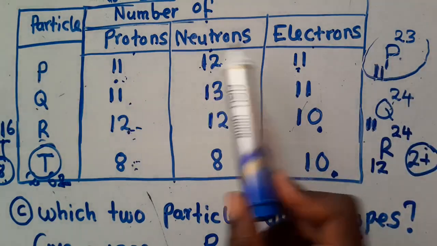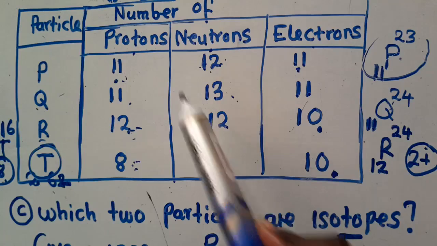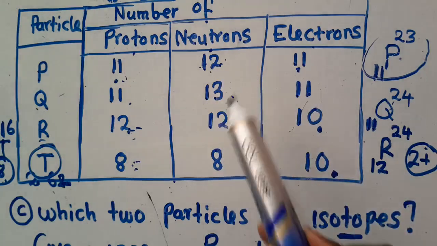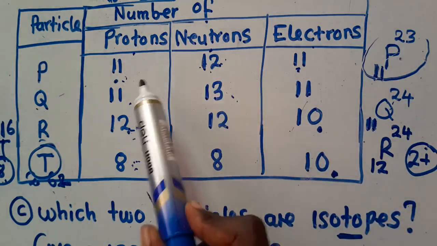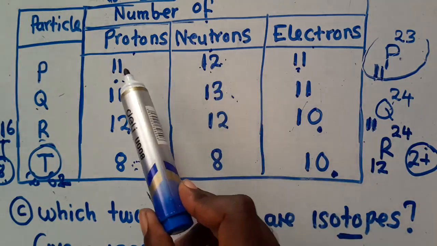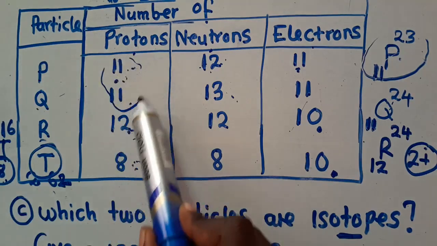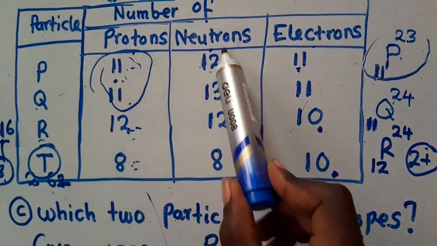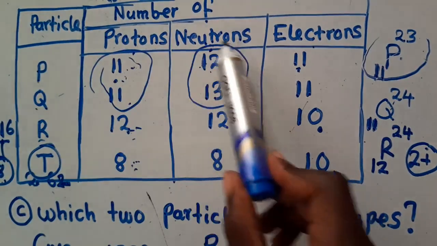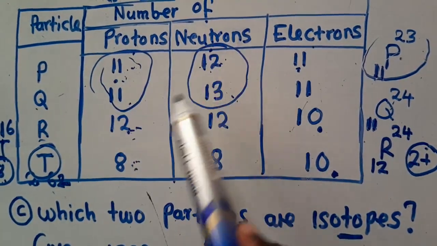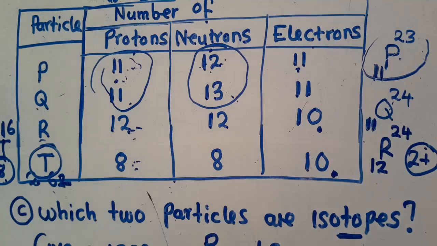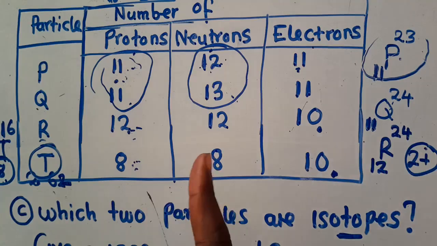But since in the table you are not given the mass number, you answer according to what you are given. So what you've observed is that they have the same number of protons but different neutron number. This is what you need to know. That's the reason.